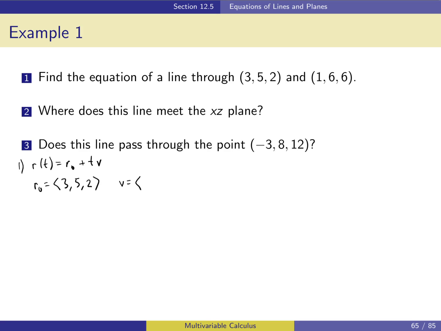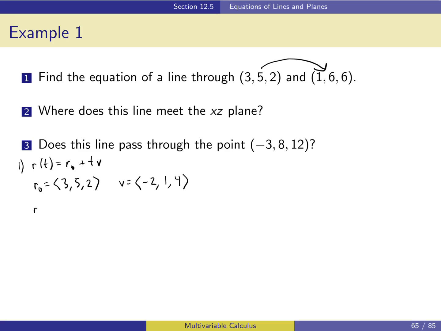The direction vector can be, well, since we have 2 points on the line, the vector that travels from one point to the other would be a vector in the direction of the line. So if we want to go from 3, 5, 2 to 1, 6, 6, then our x-coordinate changes by -2, our y-coordinate increases by 1, and our z-coordinate increases by 4.